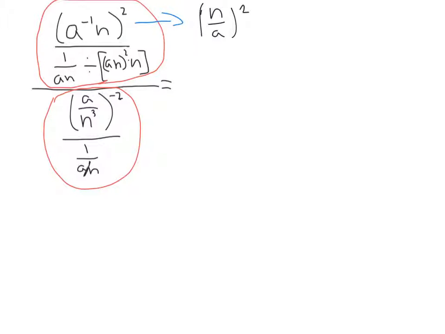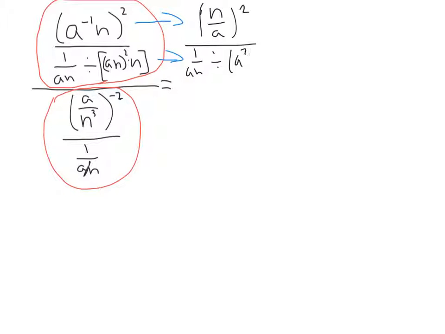The next section is a little more complicated and should be done off to the side, but you can find that really it's going to be 1 over a n divided by a squared n to the third as a lump.